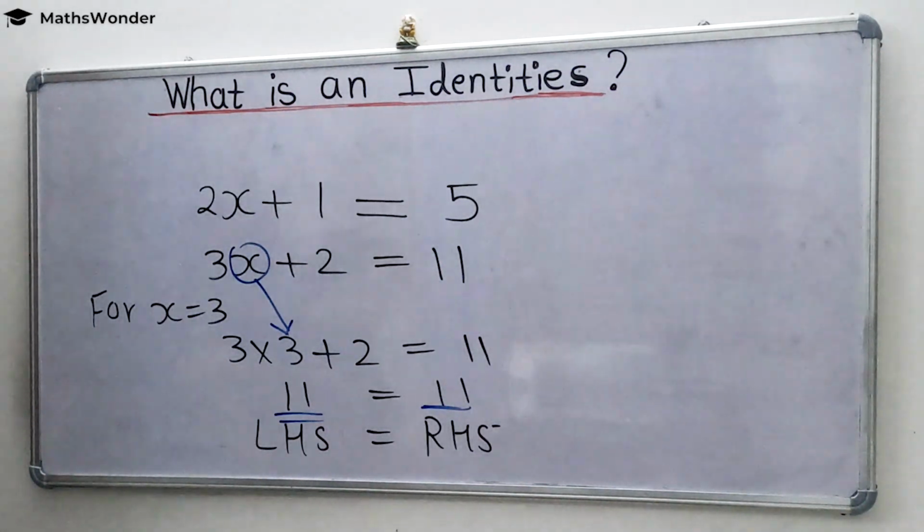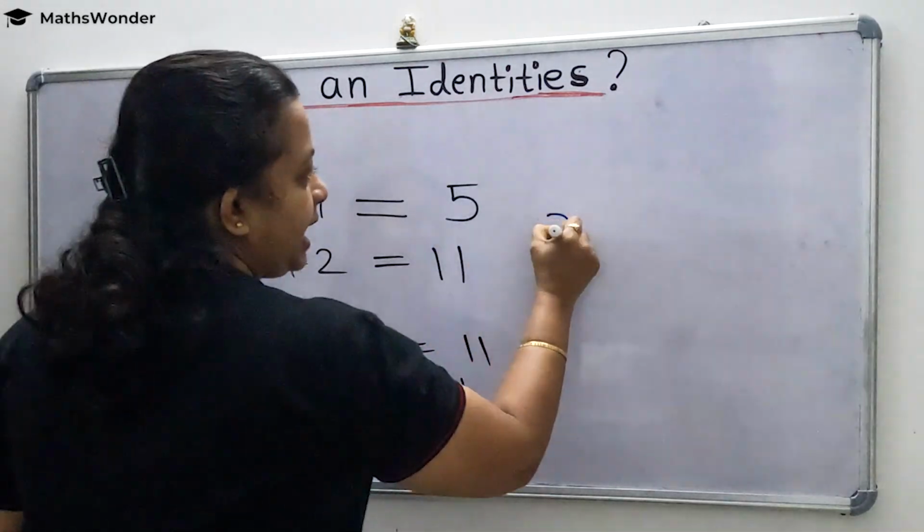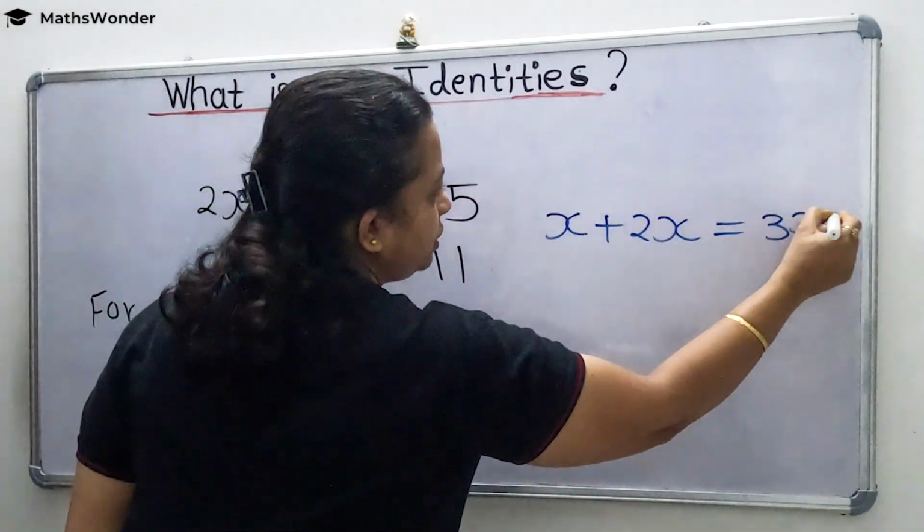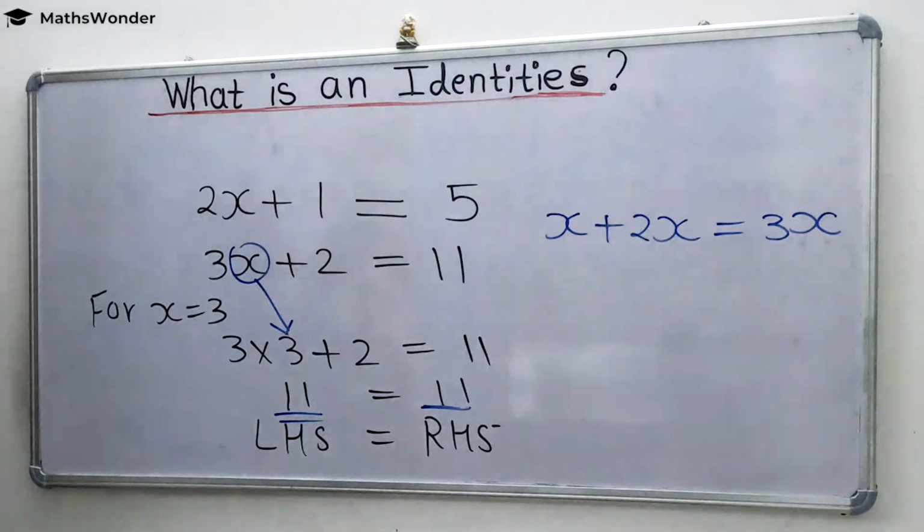On the other hand, suppose I am writing x plus 2x is equal to 3x, right? x plus 2x is equal to 3x is true for all values of x. What is the meaning?